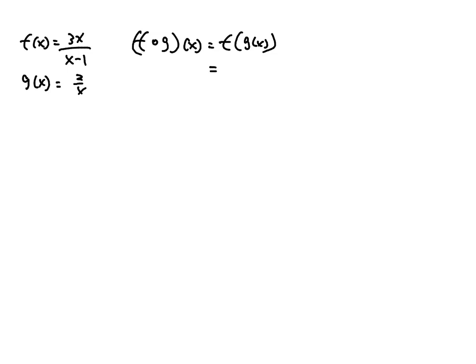Which means plugging 2 over x into f of x, I have f of 2 over x. So now I have to take the x in f and replace all the x's with 2 over x. So 3x over x minus 1 becomes 3 times 2 over x over 2 over x minus 1.